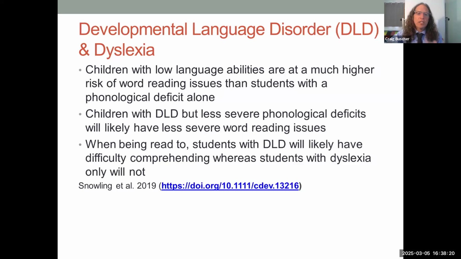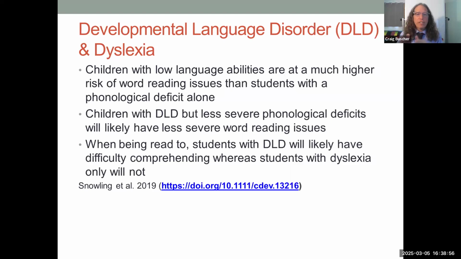In these studies that look at the phonological issue versus language abilities, the ones with the greater risk for word reading problems are the ones with the broader language issues. Some children with developmental language disorder who have less severe phonological issues end up with a less severe word reading issue. They have the broader language issues, but their phonological system is a little better intact, and so their word reading issues aren't as extreme.